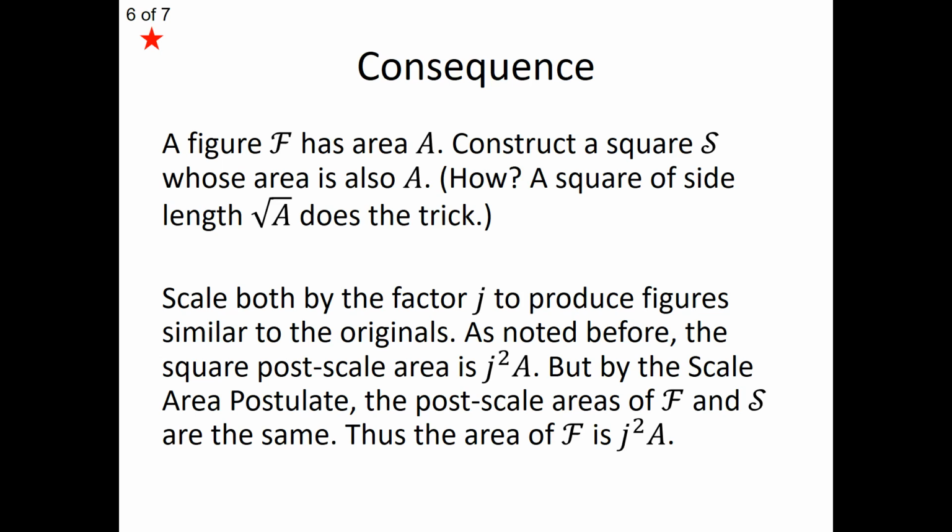So let's say we have a figure F that has an area of A. Let's construct a square S that also has an area of A. How can we do that?